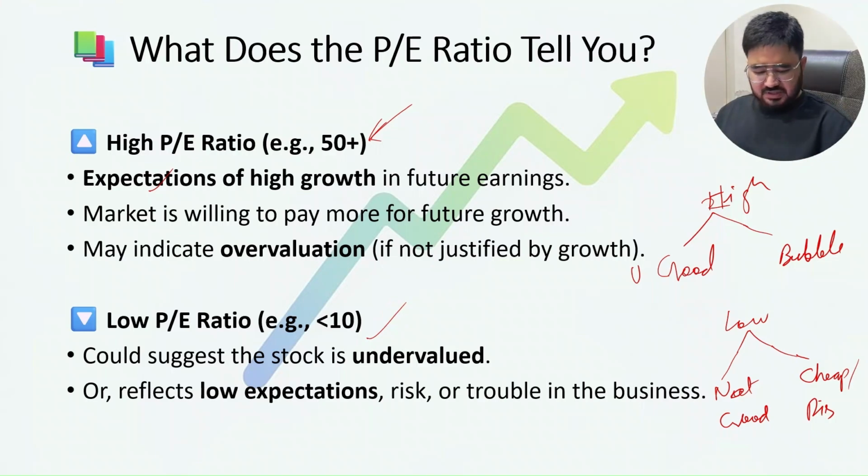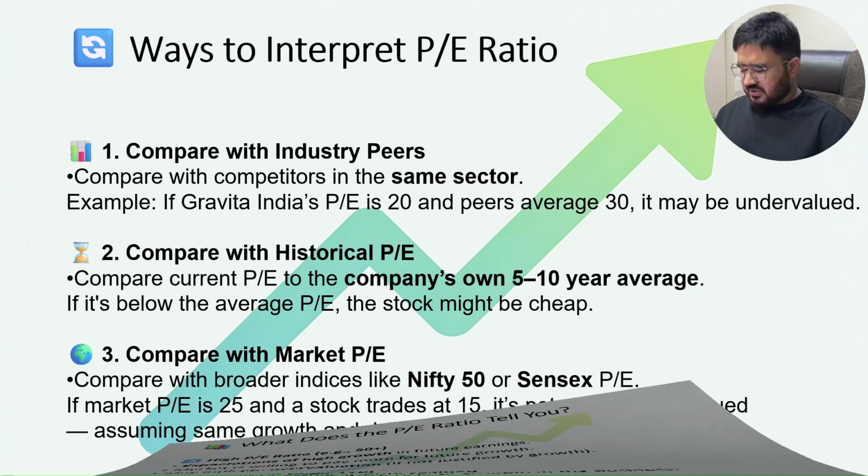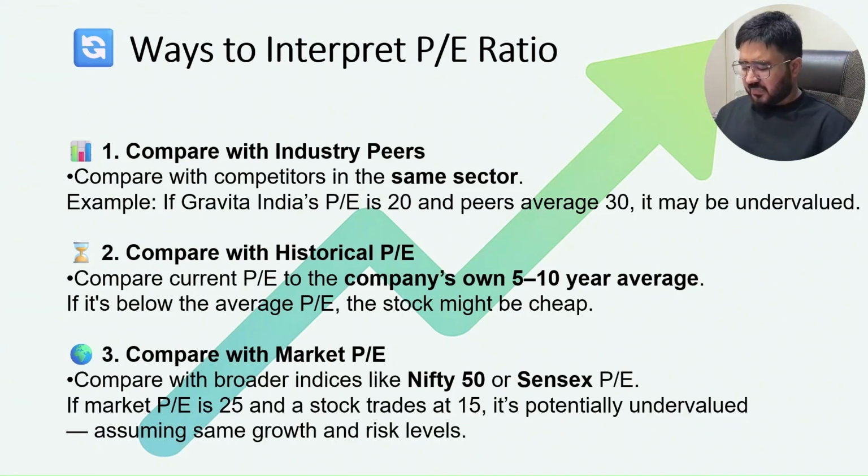Let's go to the next thing. How will you interpret it? I have just told you how you will know that it is high. There are a few measures. If price to earnings is 50, how will you say that 50 is high or 50 is low?